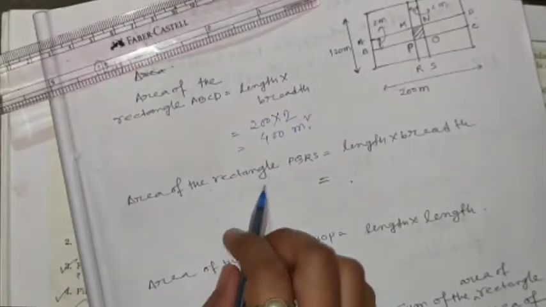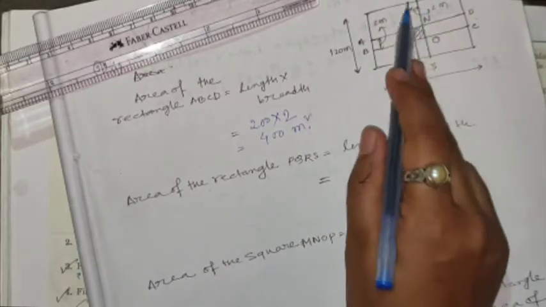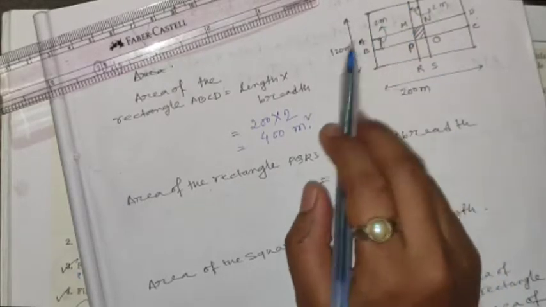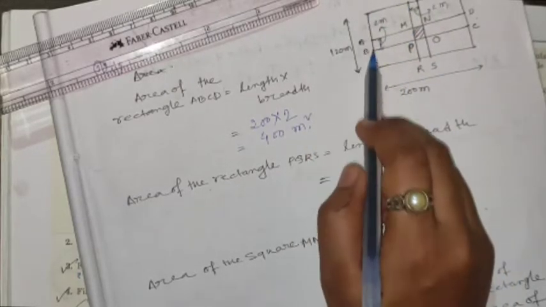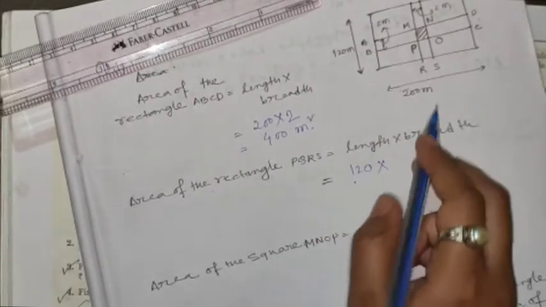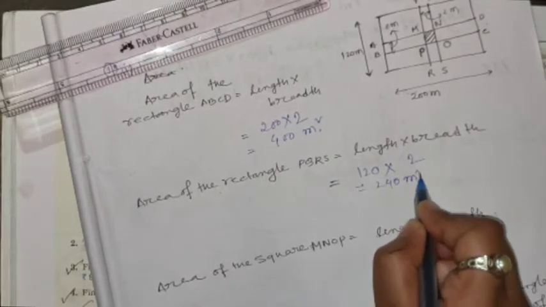Then the area of the rectangle PQRS. The length of this rectangle will be equal to the length of this side, that is 120 meters, and the breadth is also 2 meters, so this will be 240 meters square.